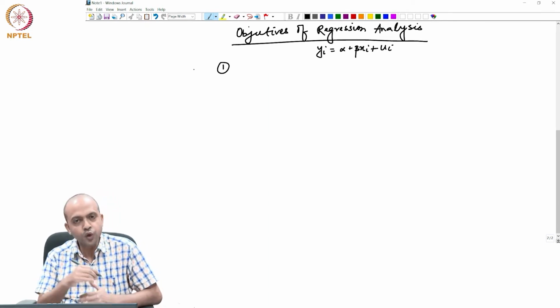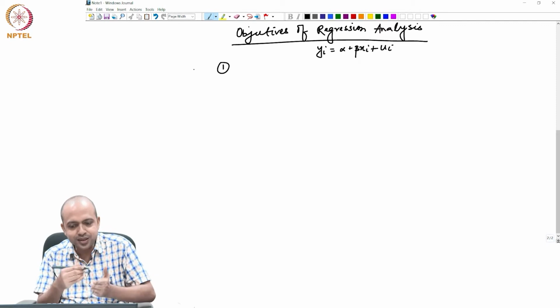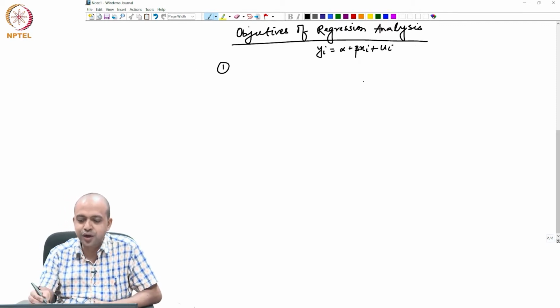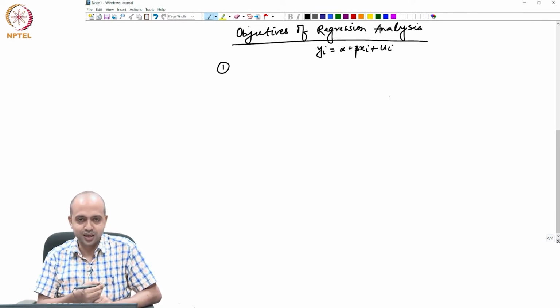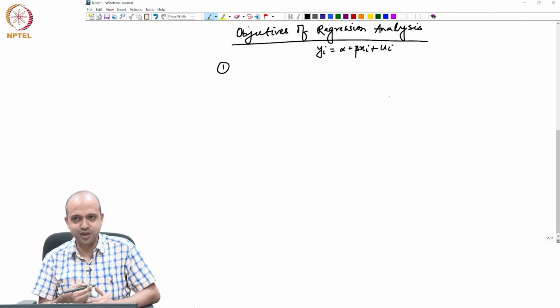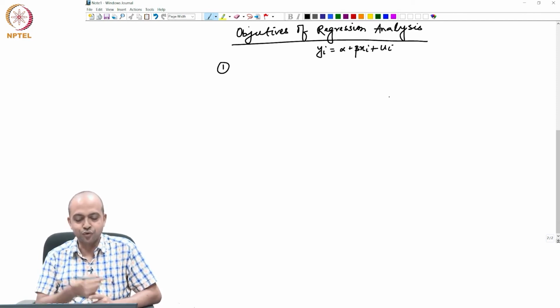That means we are trying to analyze how this yi is dependent on xi. Alternatively, we can say that the objective of regression analysis is to explain the variation in y with the help of variation in x.